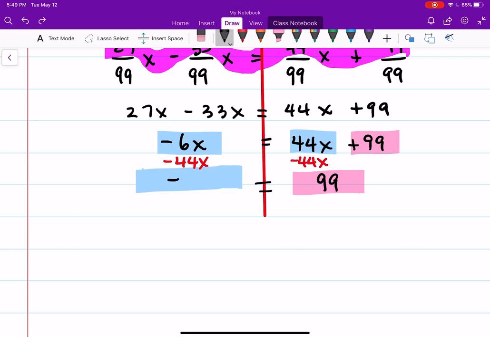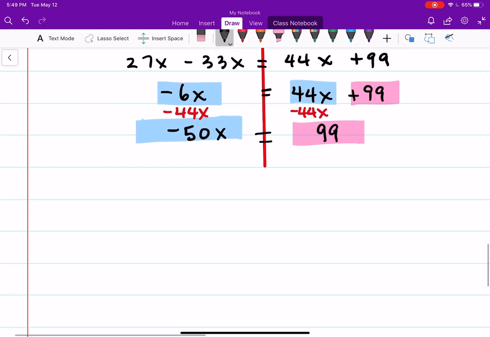How about a negative 50x? Okay. Then I've got to get the x by itself, which has a positive 1x, so I'm going to divide by negative 50. So my x is going to equal negative 99 over 50.